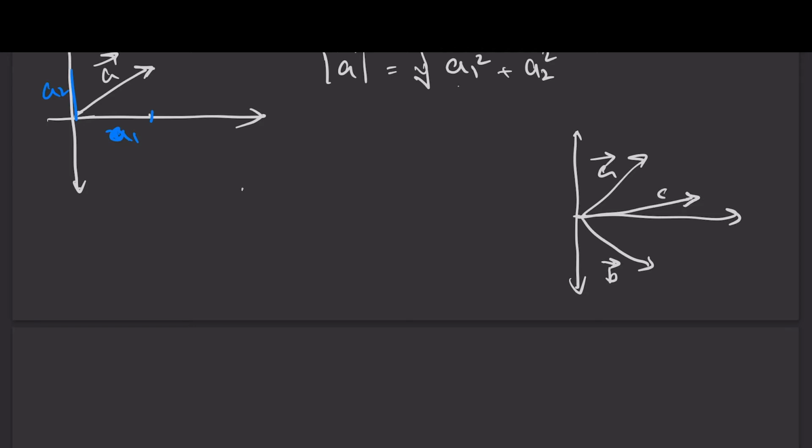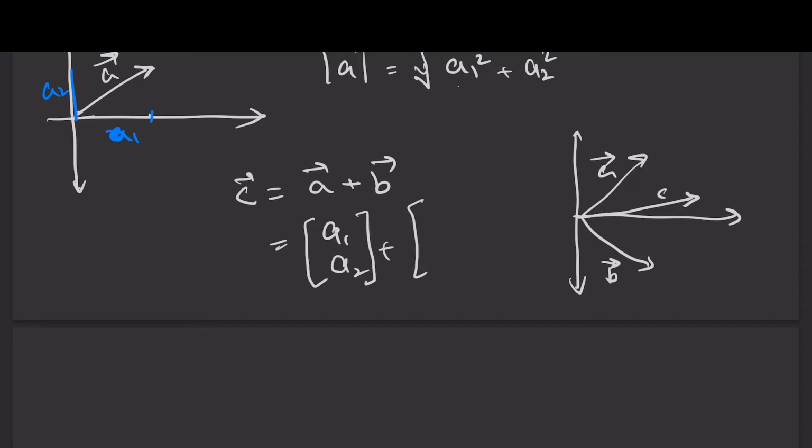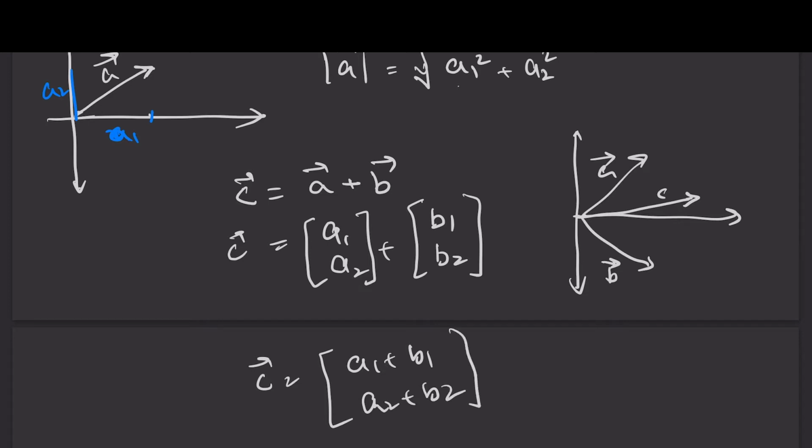So if c vector is equal to a vector plus b vector, and a vector has an x component of a1 and y component of a2, and b vector has an x component of b1 and y component of b2, then the c vector will be equal to a1 plus b1 and a2 plus b2. So all we are going to do is add the corresponding components of the two individual vectors. So the resultant vector will be c.